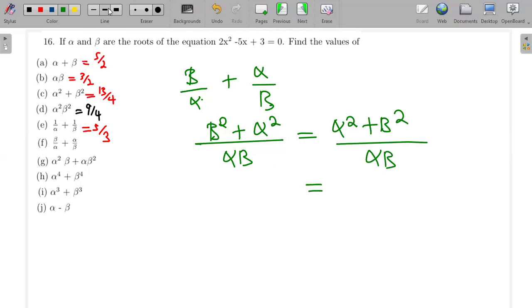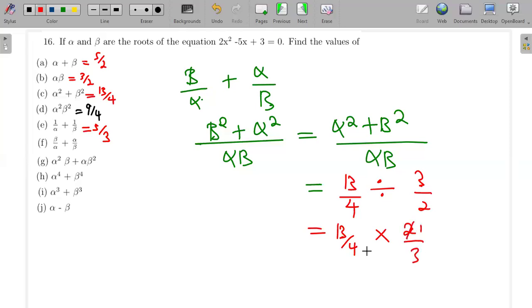Okay, so now we've already found the value of alpha squared plus beta squared in this question. This was this guy here, which was what? 13 over 4. Then I'm going to write this divided by, and then I write the value of alpha beta. So alpha beta was 3 over 2. Okay, so this would be 13 over 4 multiplied by, this now switches, so it will be 2 over 3.